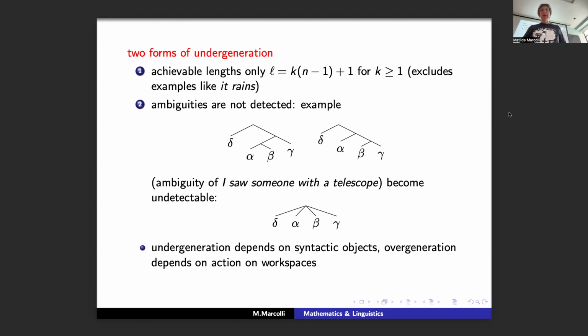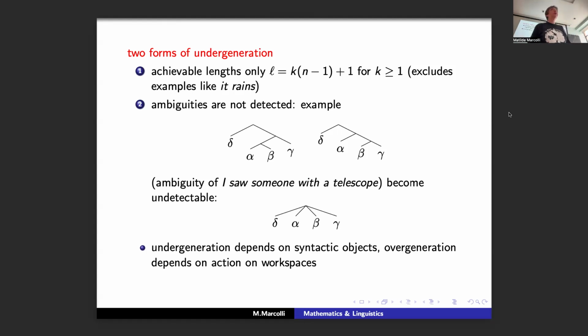Not only are there certain lengths of strings that you cannot achieve with an n-ary merge, but you also cannot detect certain kinds of syntactic ambiguities. If I say I saw someone with a telescope, it has 2 syntactic parsings which correspond to these 2 trees, which are different as binary trees, but they would not be different if I had a 4-ary merge.